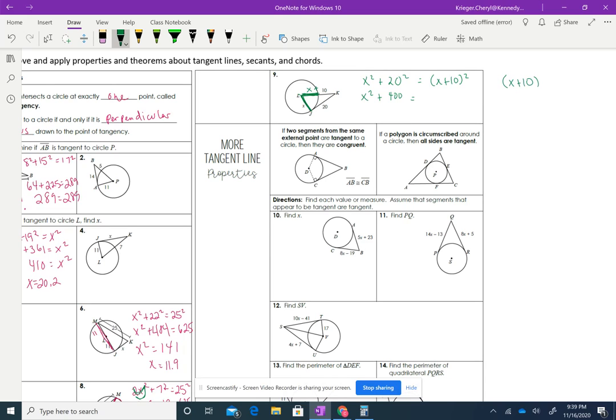X plus 10 squared means x plus 10 times x plus 10, right? X times x is x squared. X times 10 is 10x. 10 times x is 10x. And 10 times 10 is 100. Okay, and we combine these to be 20x. So I'll set this equal to x squared plus 20x plus 100.